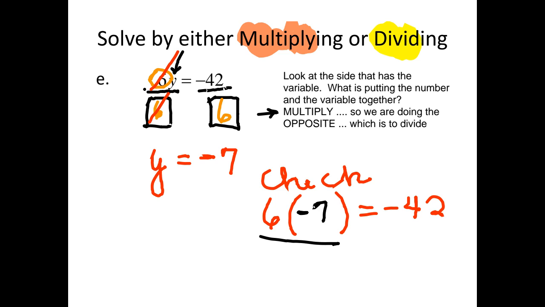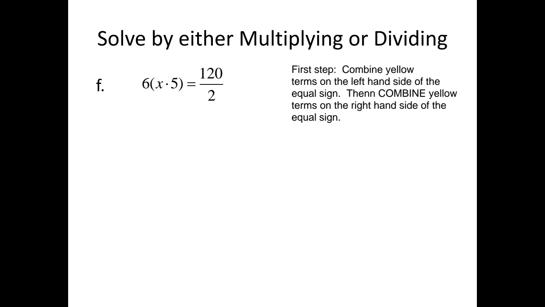The first step, combine yellow terms on the left-hand side of the equal sign. Then combine yellow terms on the right-hand side of the equal sign. Well, this is where you have to be careful. This side is 6 parentheses x dot 5.